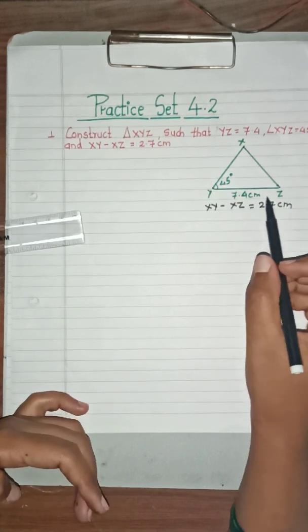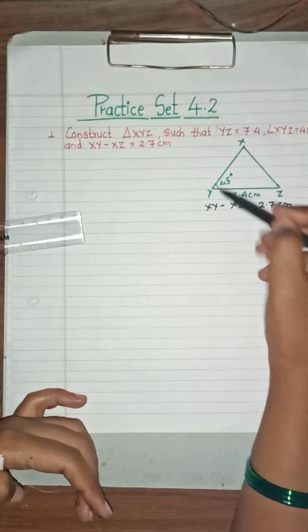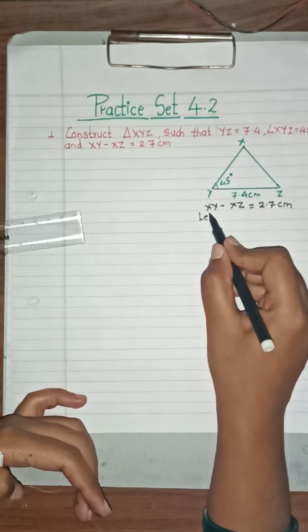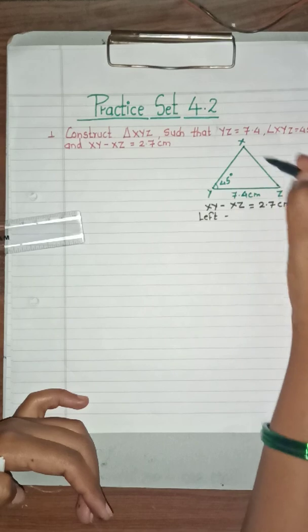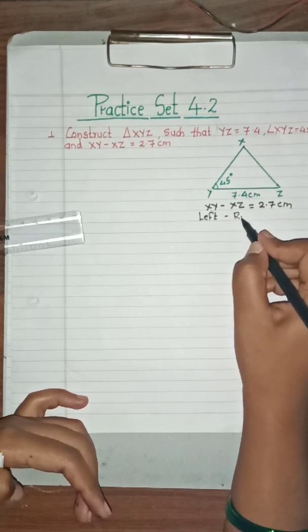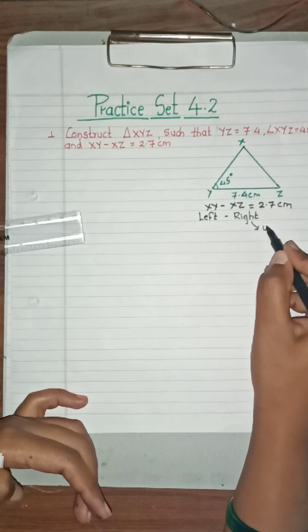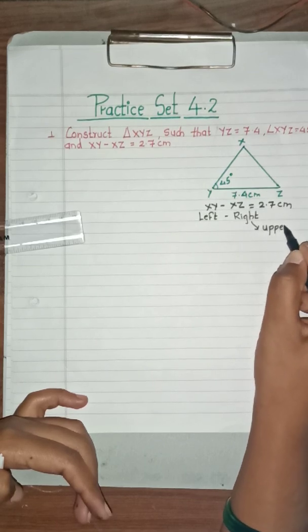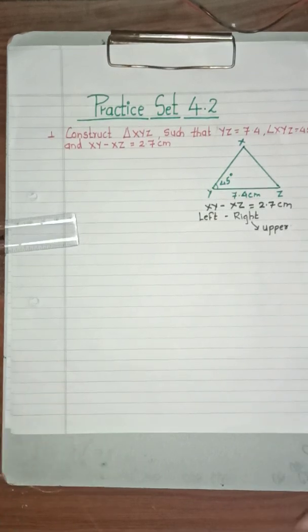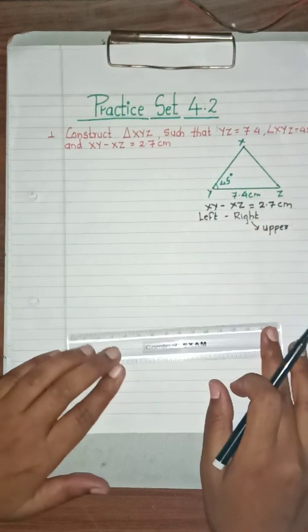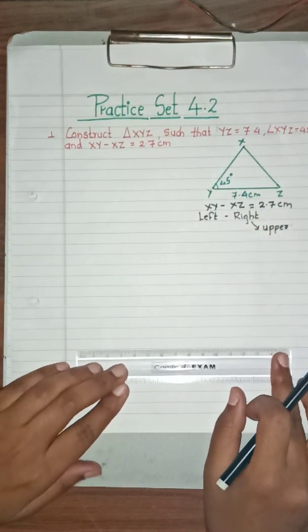Now children, if you see, this XY is to your left hand side and this XZ is to your right hand side. When right comes, the diagram should be upper. Okay, now we'll draw the base that is of 7.4 centimeters.